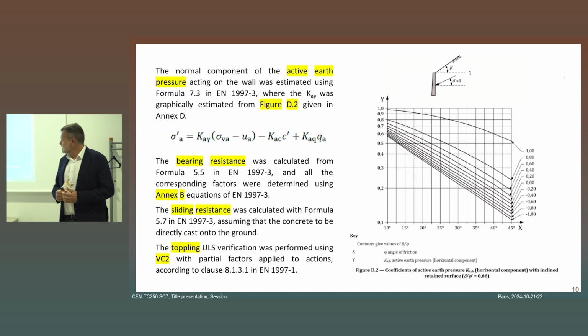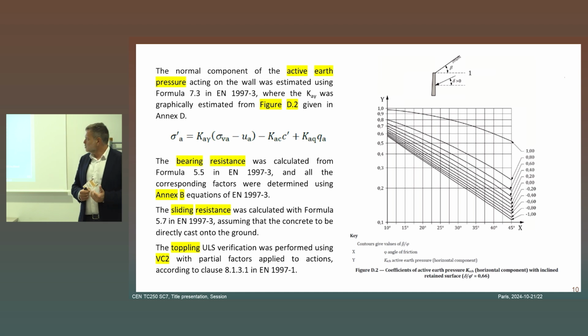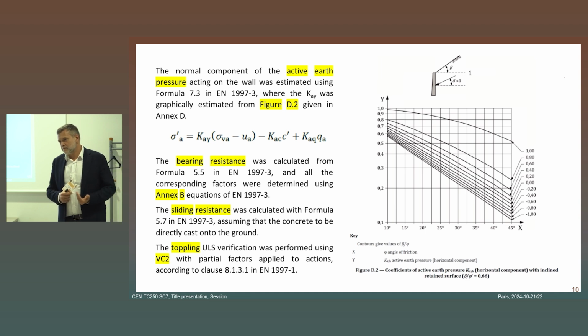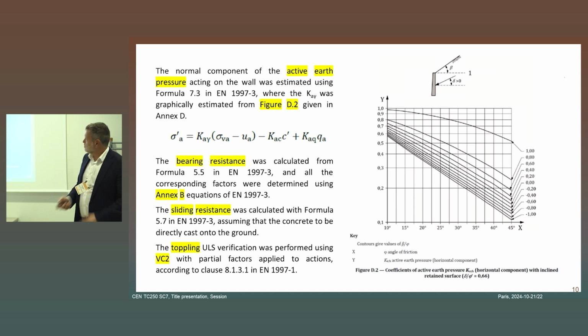Also, the bearing resistance was calculated according to Eurocode 7 part 3. As Sebastian said, this is covered by clause 5, so basically it is the classical formula that is reported in 5.5, and sliding resistance the same, from the same clause of Eurocode 7 part 3.